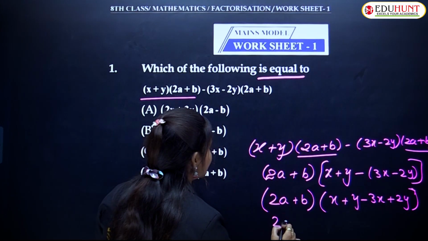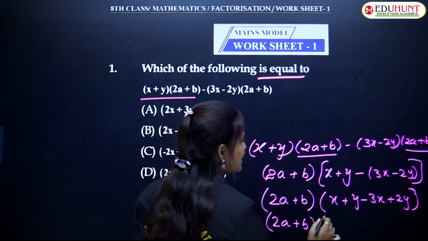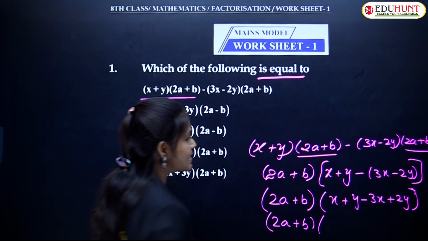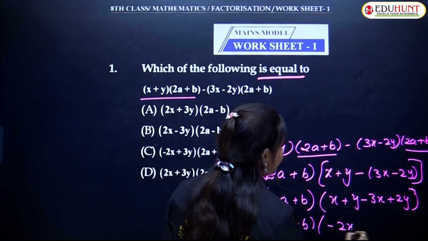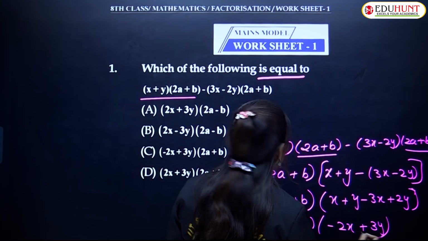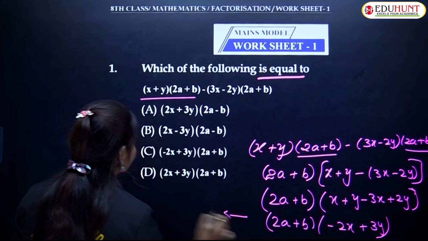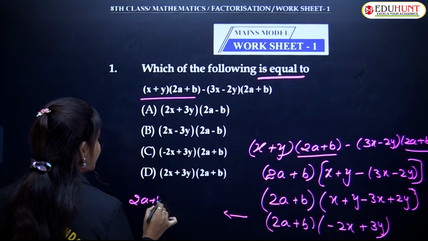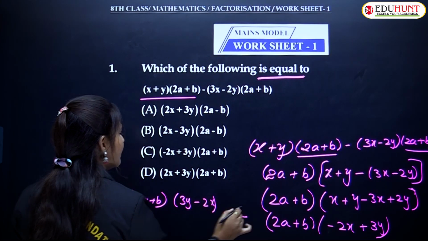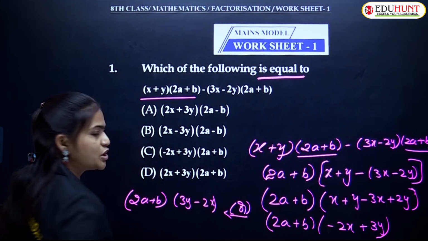After that, 2a plus b into the simplification: x minus 3x is minus 2x, and 2y plus y is 3y. We can write this as 2a plus b into 3y minus 2x. Any one of these expressions is correct.